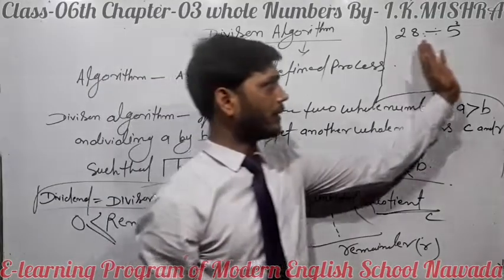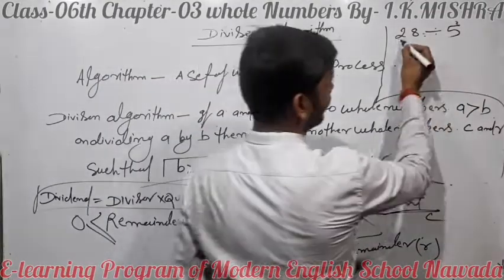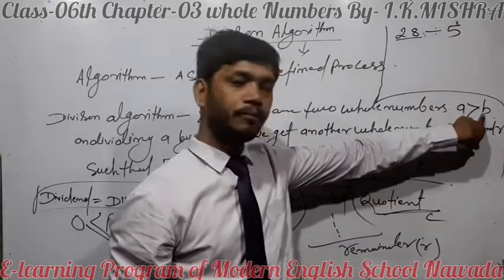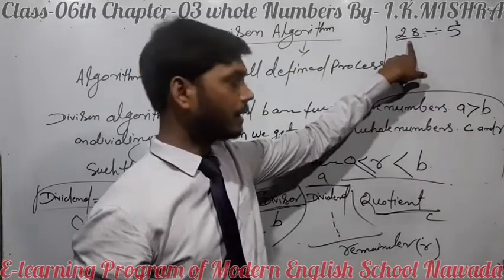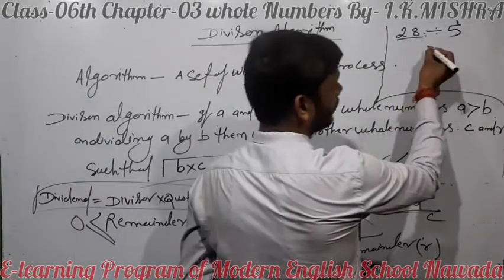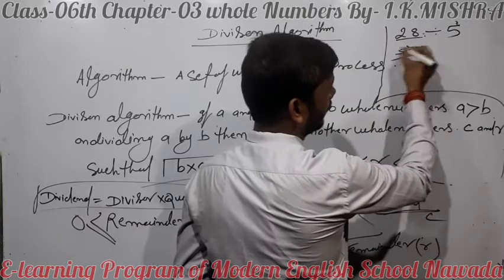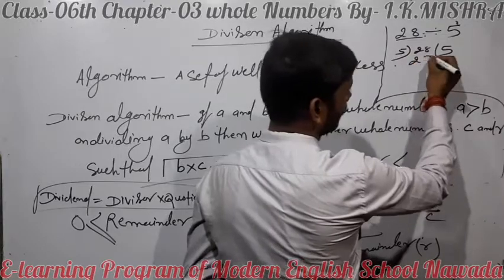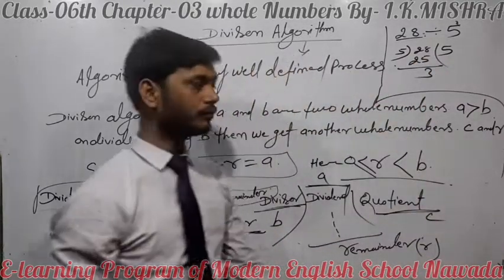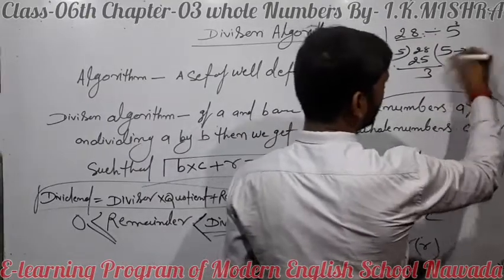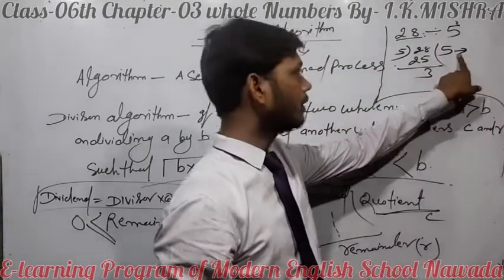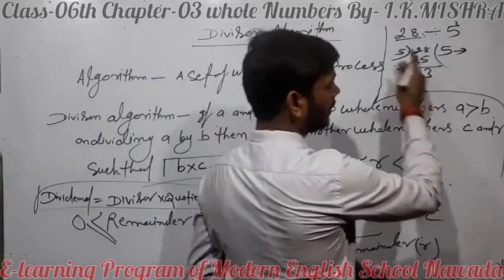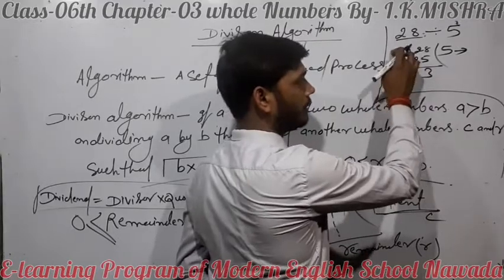Suppose 28 is A and 5 is B, and A is greater than B. If you divide 28 by 5, 5 times 5 is 25, remainder 3. Friends, this is the quotient and this is the remainder. The remainder is always less than 5, the divisor.